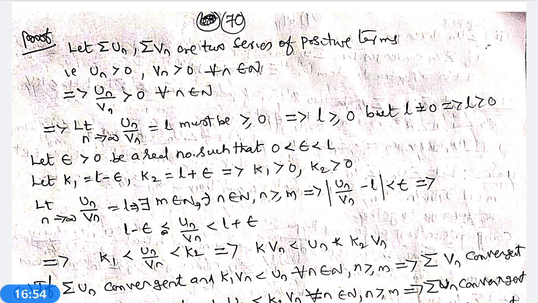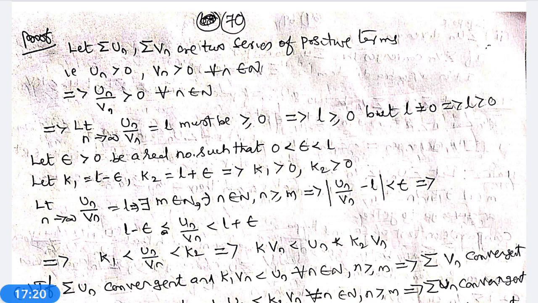Then the limit as n tends to infinity of un/vn ≥ 0, say L. This implies L ≥ 0. But by hypothesis, L ≠ 0. Therefore L > 0. Therefore the limit as n tends to infinity of un/vn is L and L > 0.